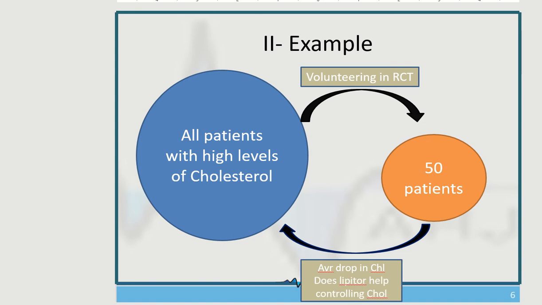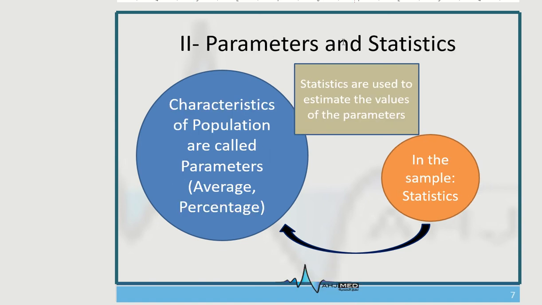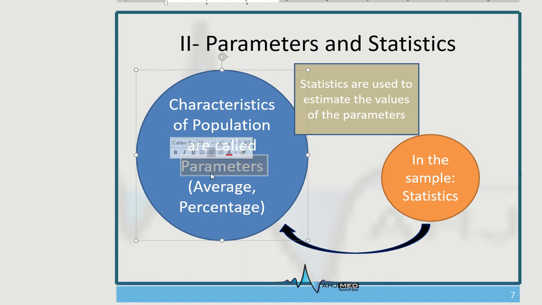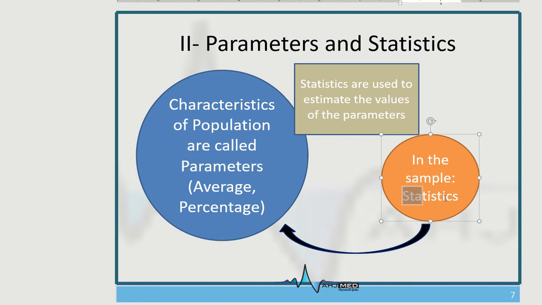Let's do another example. That's the slide where I talk about parameters and statistics, as I did a moment ago. Characteristics of a population are called parameters. The same things, the same characteristics calculated in the sample, are statistics. The mean here is mu; the mean here is a statistic.